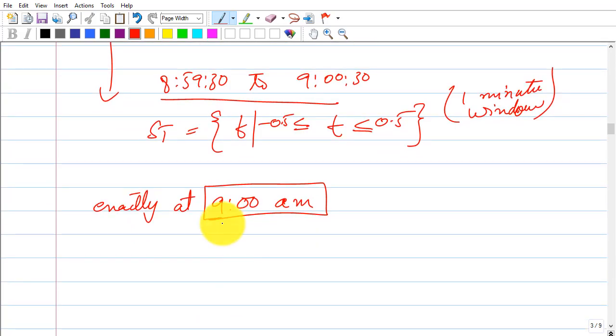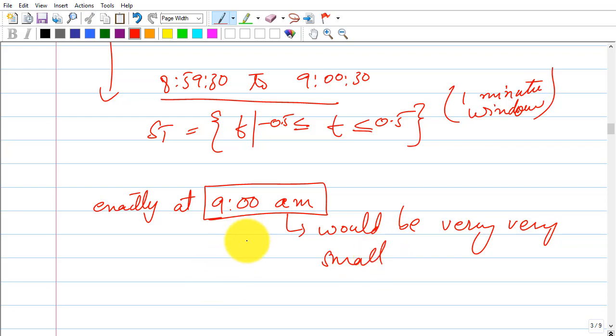The probability of the teacher coming to the class exactly at 9:00 am would be very small, so small that we can say that it tends to 0. So that's why the probability of getting any number in the interval of a continuous random variable would be 0.